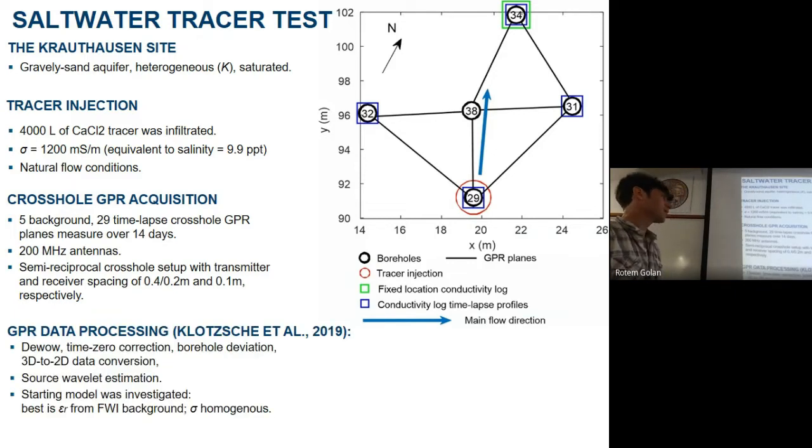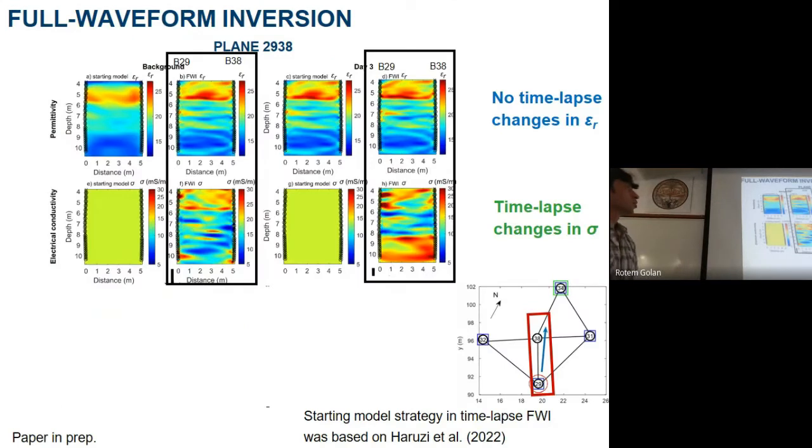For the GPR data, we followed conventional GPR processing and also full waveform inversion pre-processing that we adapted from the literature. So the full waveform results. On the left side, we see the background before we injected the tracer.